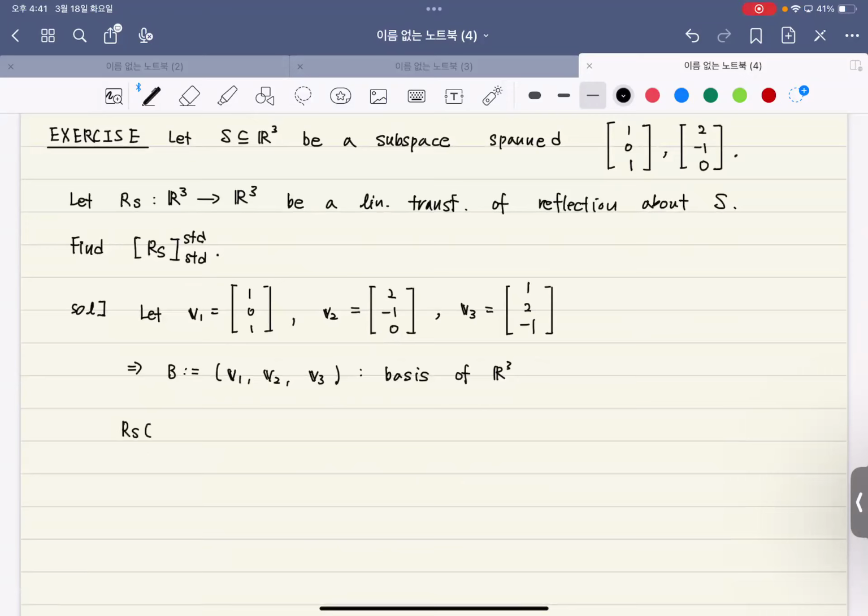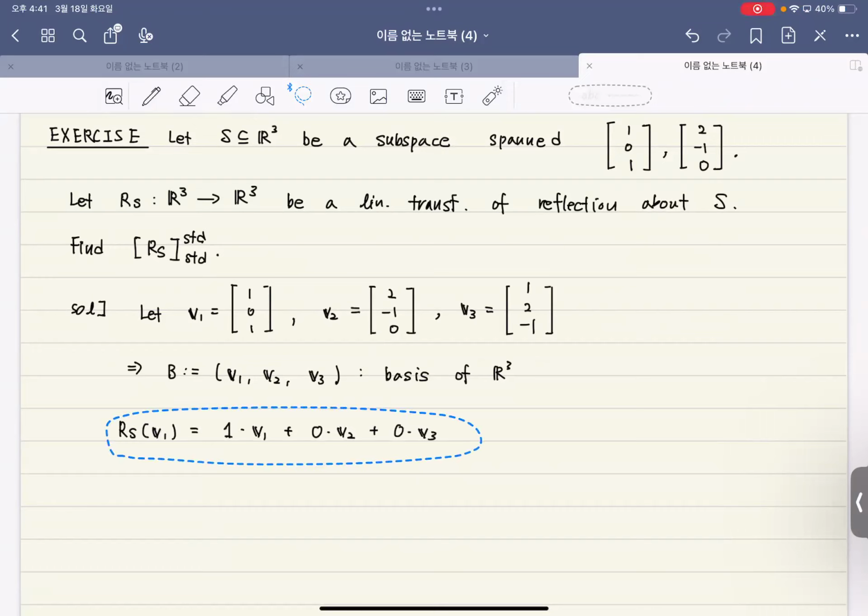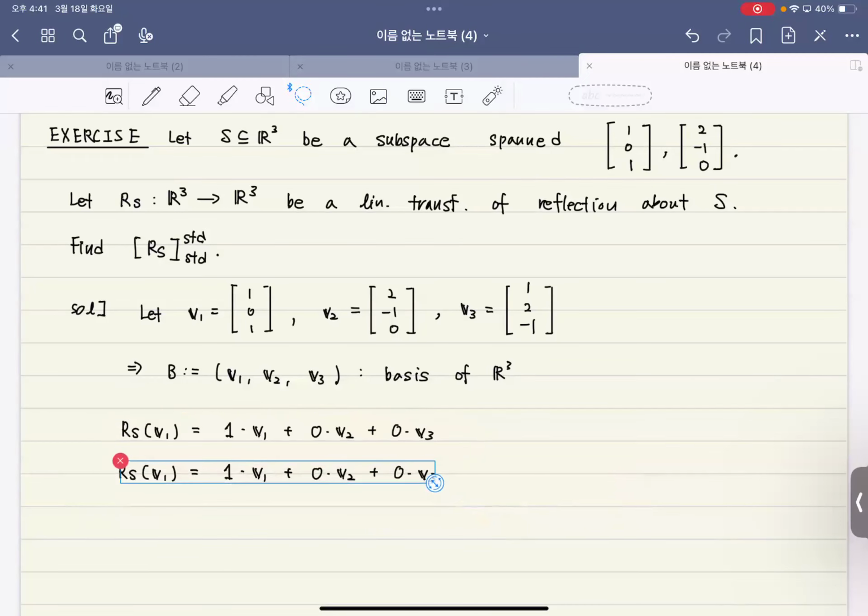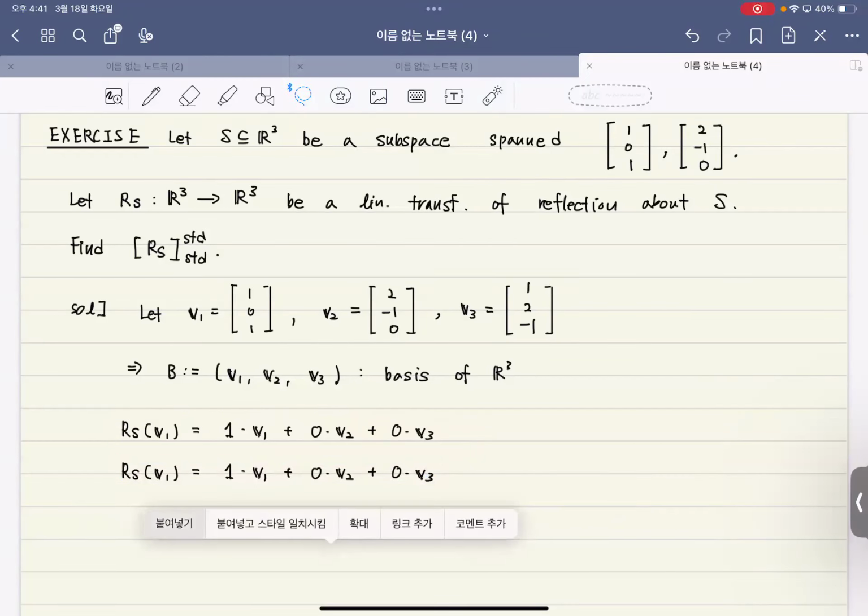Then R_S V1 is what? 1 times V1, 0 times V2, and 0 times V3, because V1 is already in subspace S, so it cannot be reflected and remains the same.